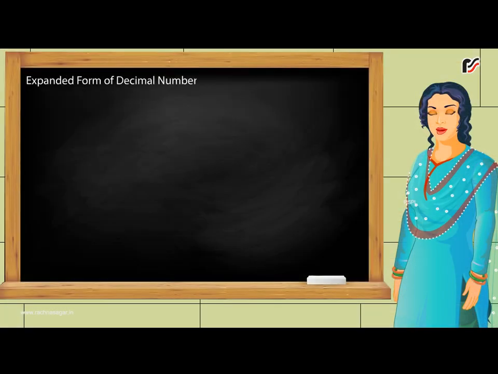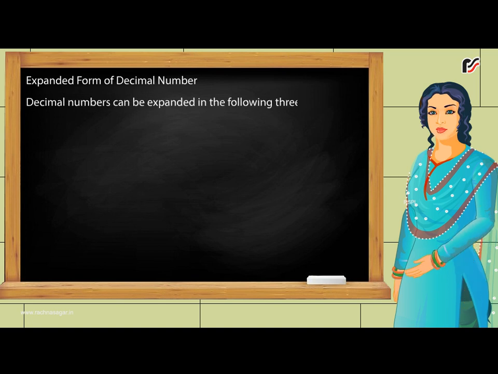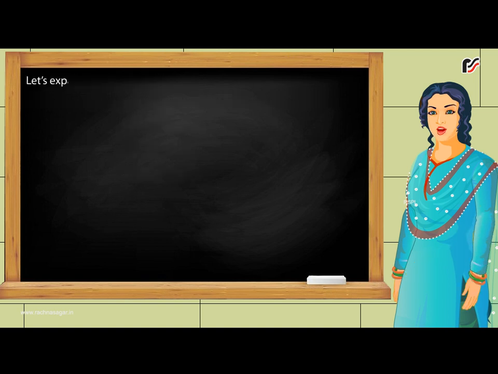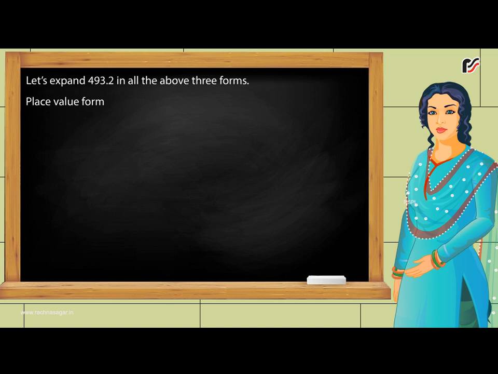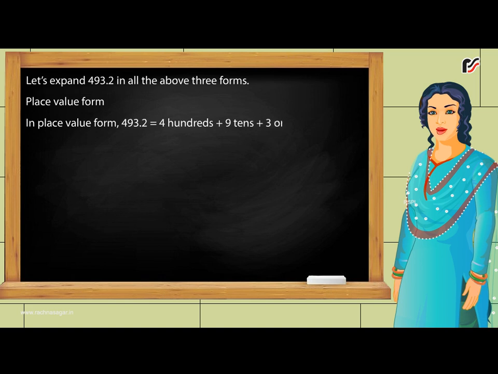Expanded form of decimal number. Decimal numbers can be expanded in the following 3 forms: place value form, decimal form, fractional form. Let's expand 493.2 in all the above 3 forms. Place value form: 493.2 is equal to 4 hundreds plus 9 tens plus 3 ones plus 2 tenths.